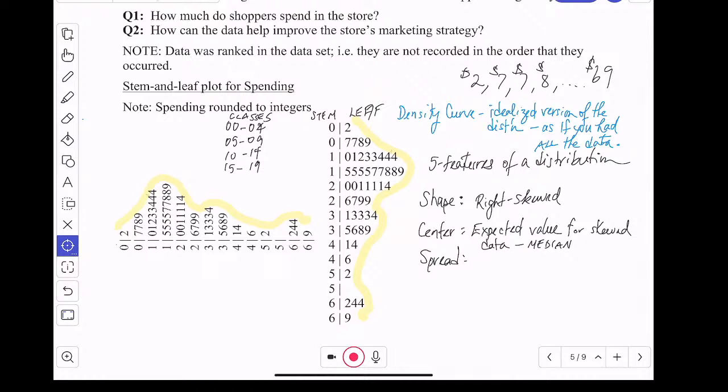Since this data has 50 observations, an even number, there will be 2 observations in the middle. I'm not going to get into that so much because I'm not going to teach about the median much, but you need to know the difference. Okay, you need to know the difference. So for expected value, we don't use the mean, we use the median.